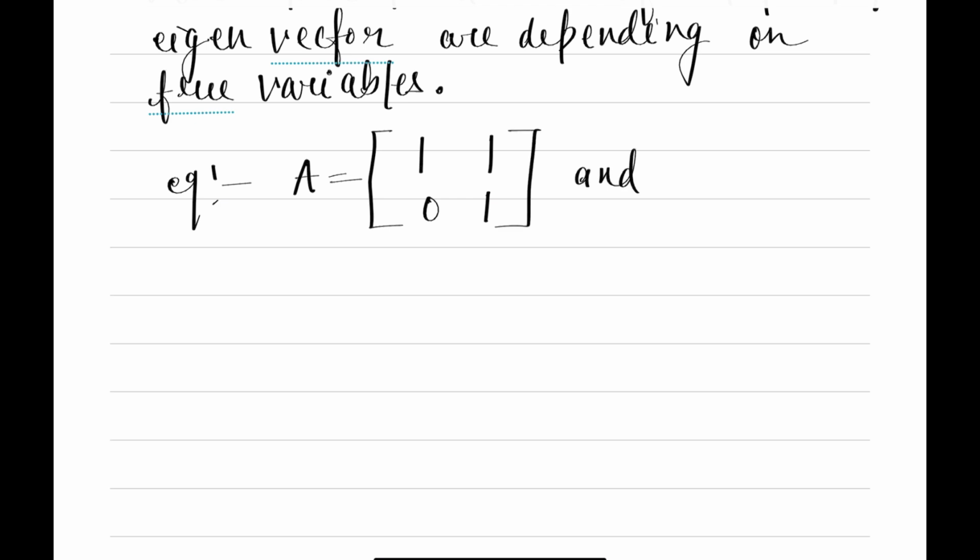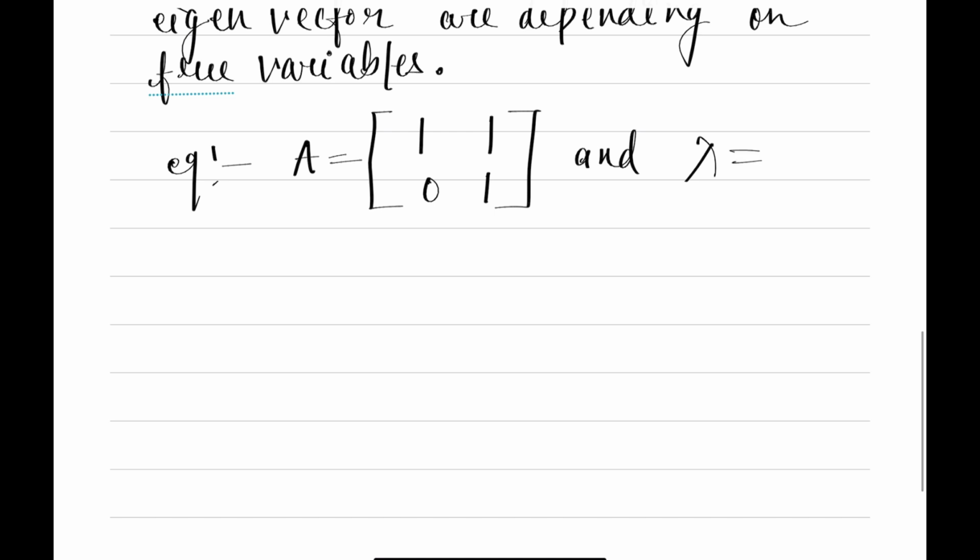Let us take an example from our previous problem. Let the matrix be A and entries are 1, 1, 0 and 1, and our eigenvalues be 1 and 1, which are repeated eigenvalues.